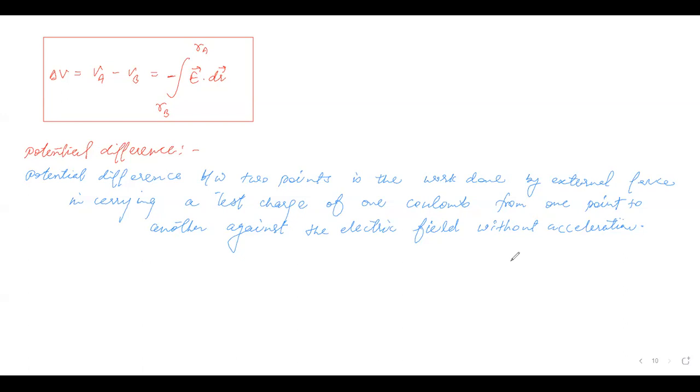Okay. So today we are going to wrap up this class right now. Just one second. There are two more equations. First of all, note it down again. This equation: delta V is equal to VA minus VB is equal to minus integral from RB to RA of E dot dr. Note it down, please.